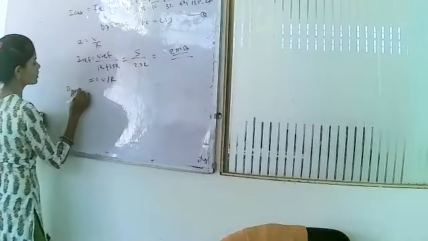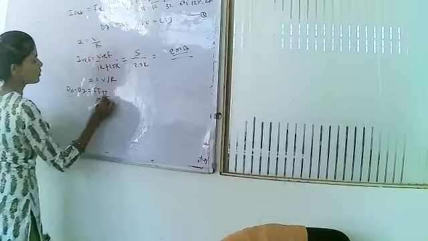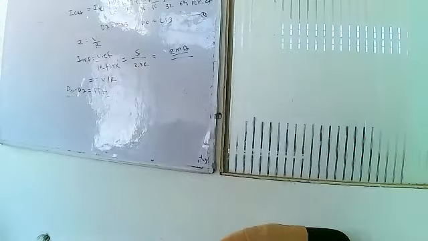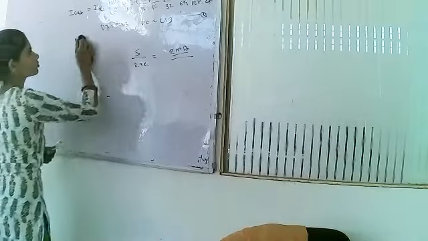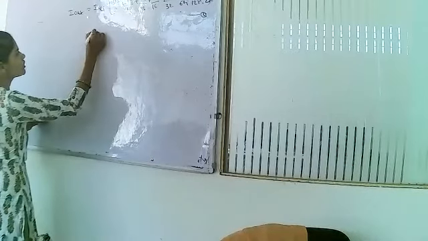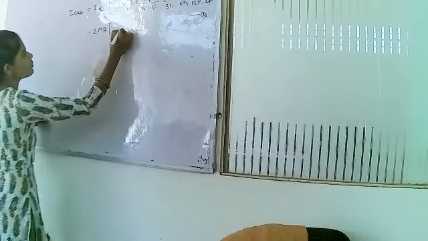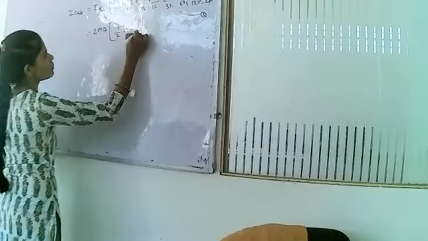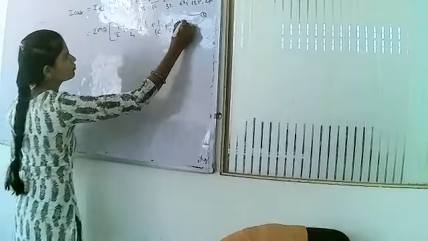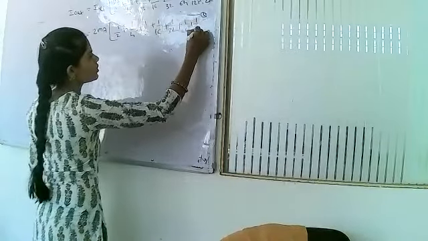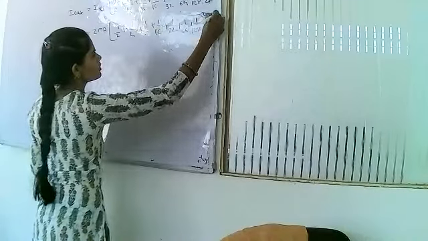Here we consider D0 to D7 as FFH, and putting this value in equation 1, I reference is 2 milliampere and all bits are 1, means 1 by 2, 1 by 4, 1 by 8, 1 by 16, 1 by 32, 1 by 64, 1 by 128 and 1 by 256.